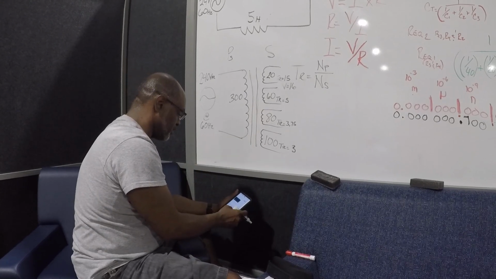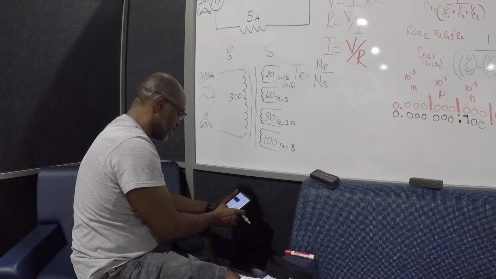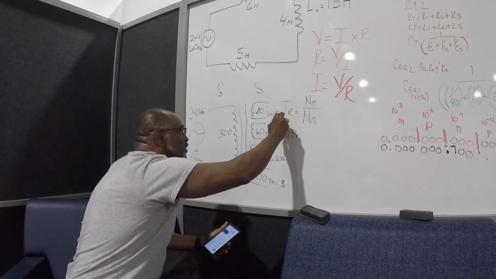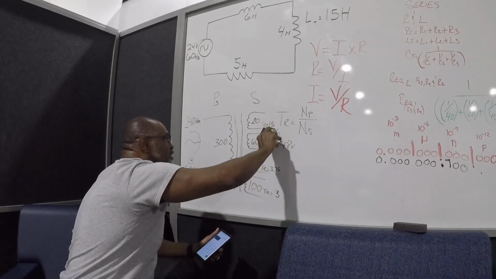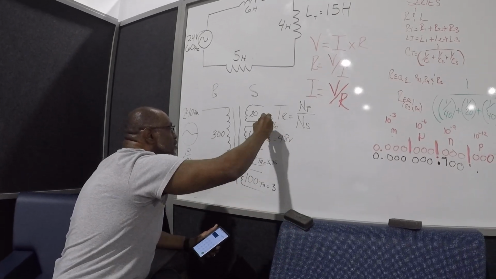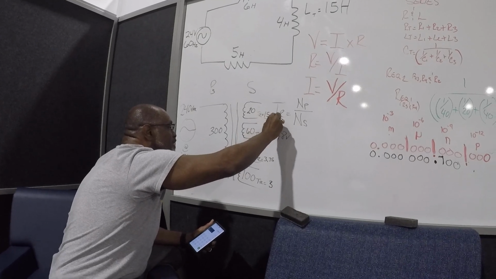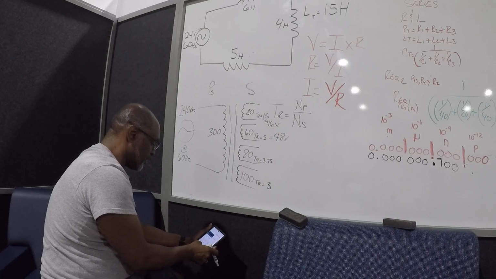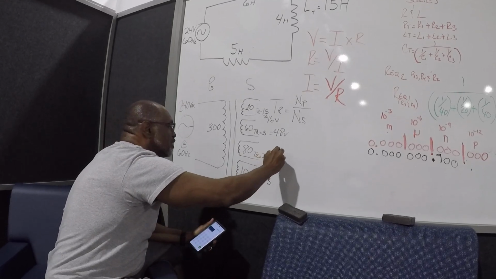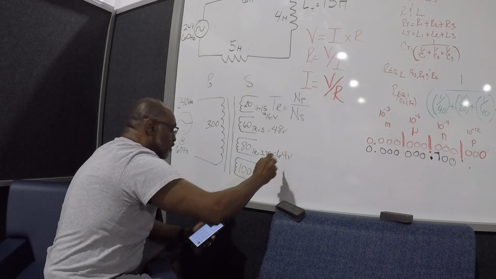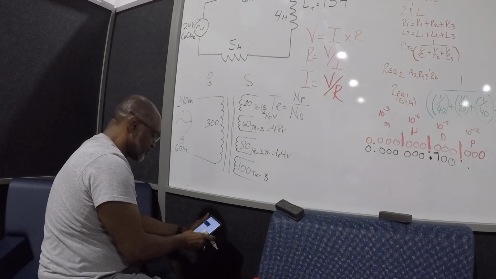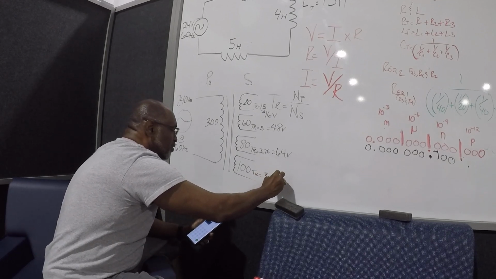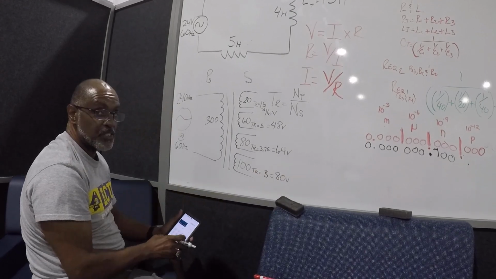For this 60, it is 240 divided by 5. That would be 48 volts. For 3.75, 64 volts. And 80 volts.